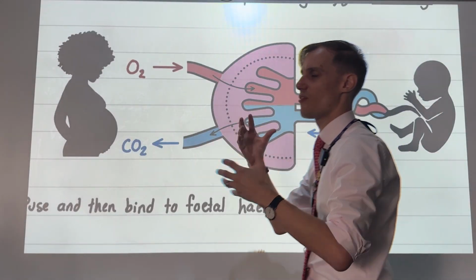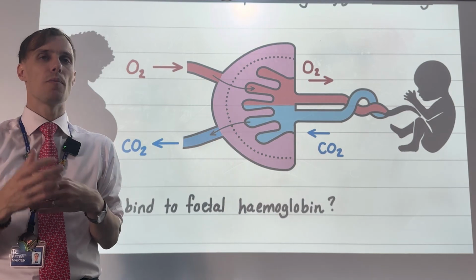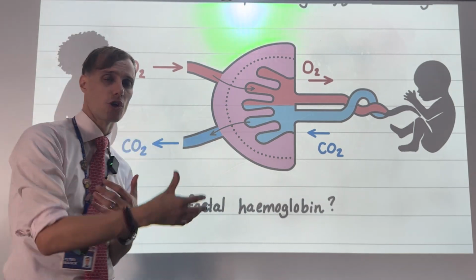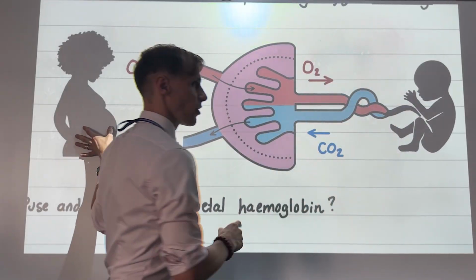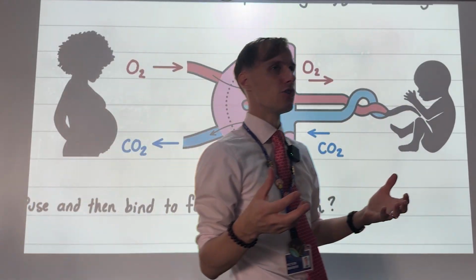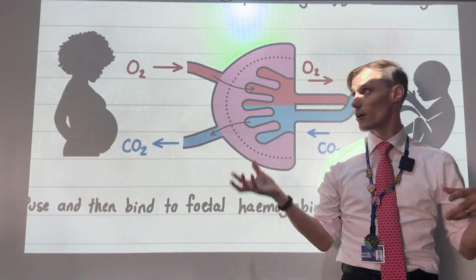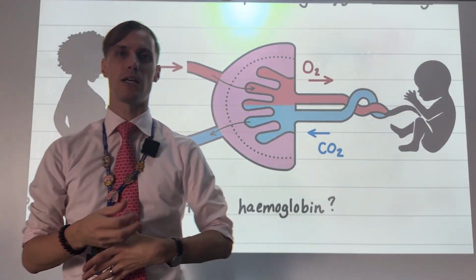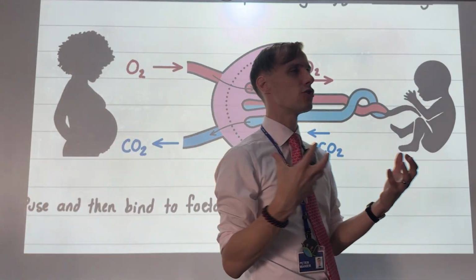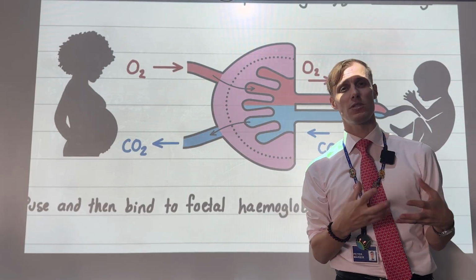How does all of this fit in to a woman who is pregnant trying to nurture her fetus? Because both the fetus and the mother require oxygen. So we have a little bit of a problem here. If the fetus also used the same hemoglobin as the mother, it's almost as if the two proteins are in competition with each other.